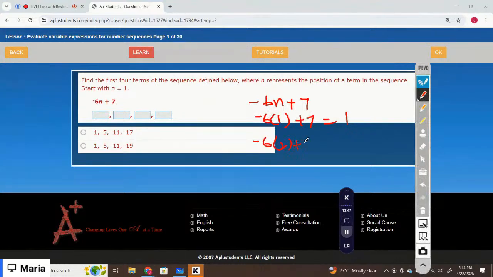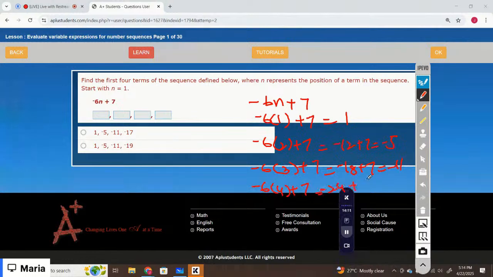Negative 6 times 2 plus 7. Negative 12 plus 7 equals negative 5. Negative 6 times 3 plus 7. That is negative 18 plus 7, so negative 11. Then negative 6 times 4 plus 7.